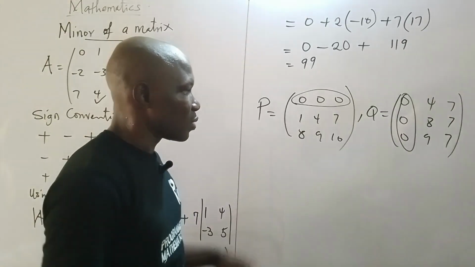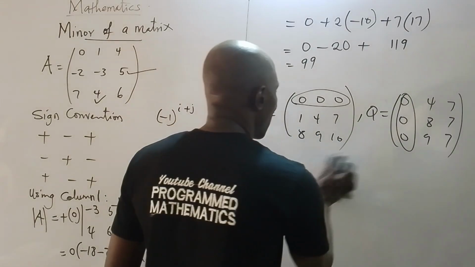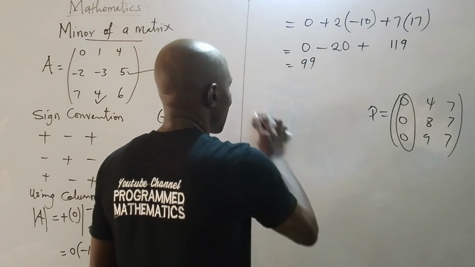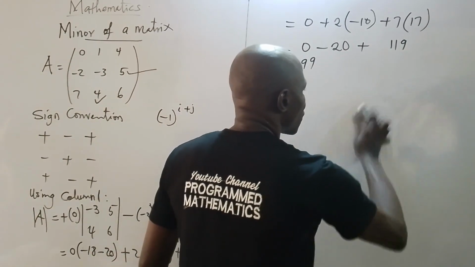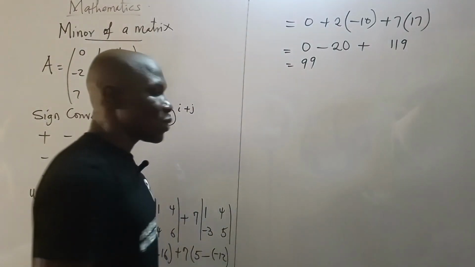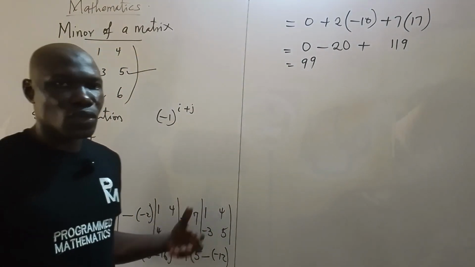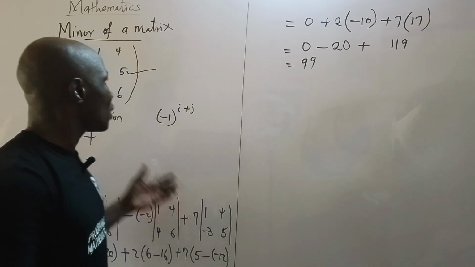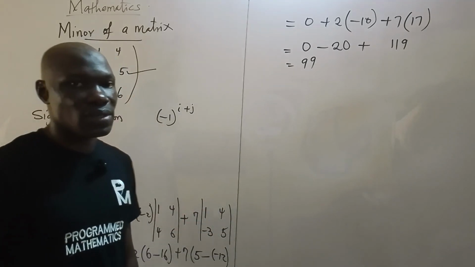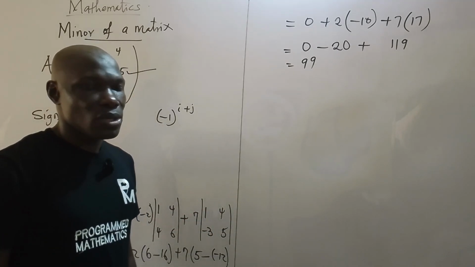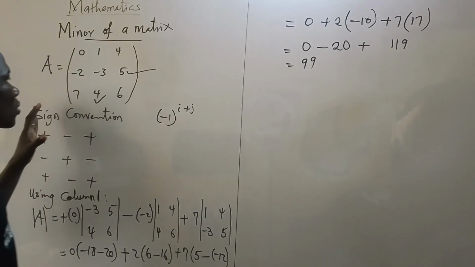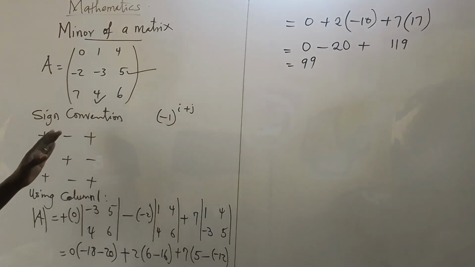So in this case here, I will leave this at this point. In another video, we shall be looking at solving some likely problems, equations related to this determinant. But this is how the determinant of a 3 by 3 matrix is calculated.